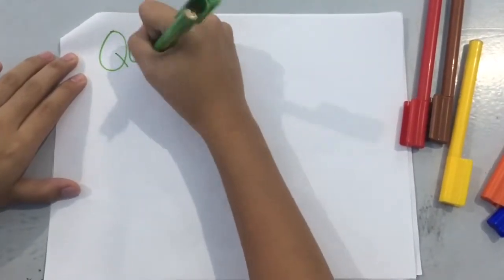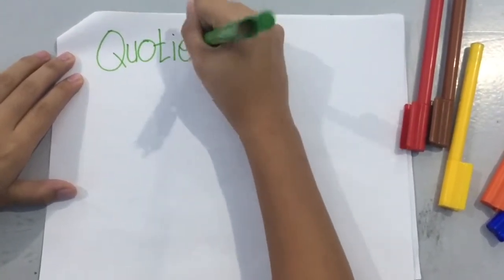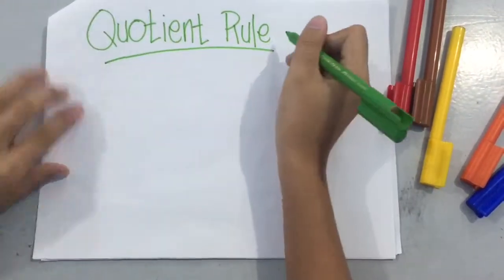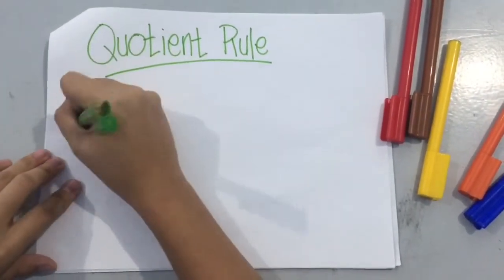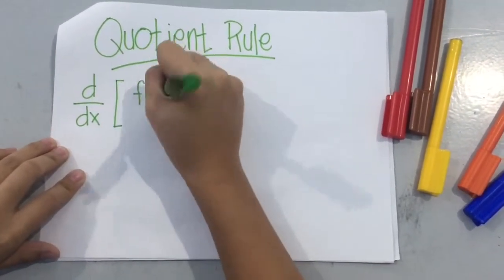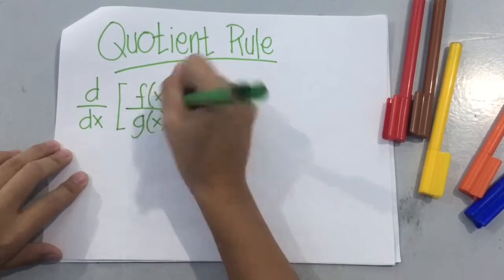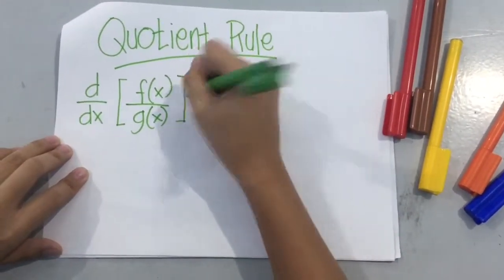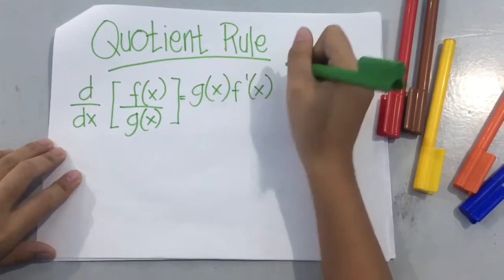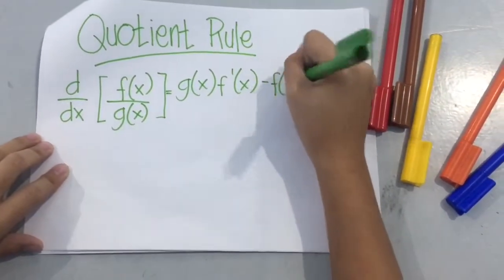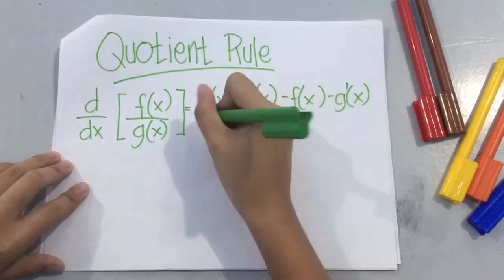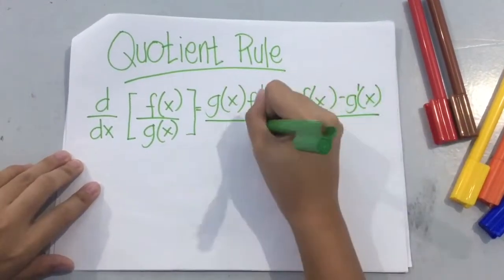Now we have here the fourth rule, which is the quotient rule. The derivative of f of x over g of x equals g of x multiplied by the first derivative of f of x minus f of x multiplied by the first derivative of g of x, divided by g of x squared.